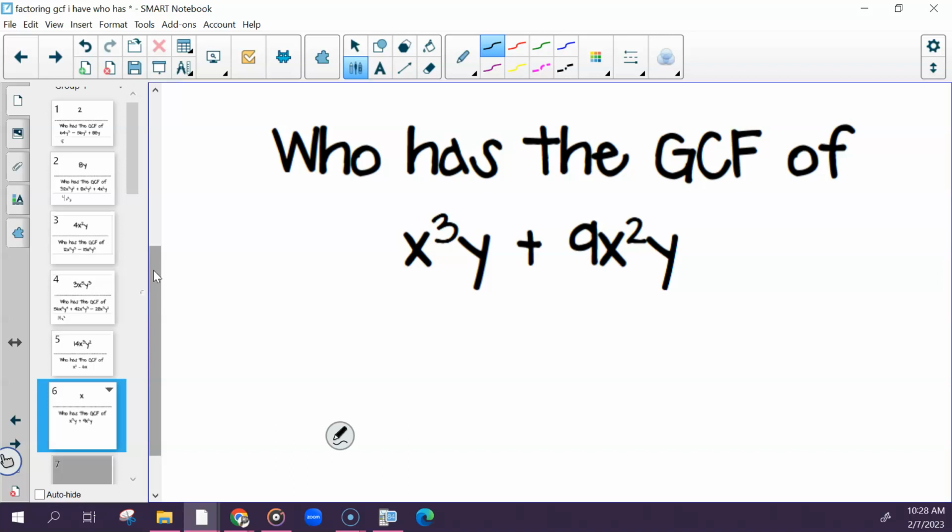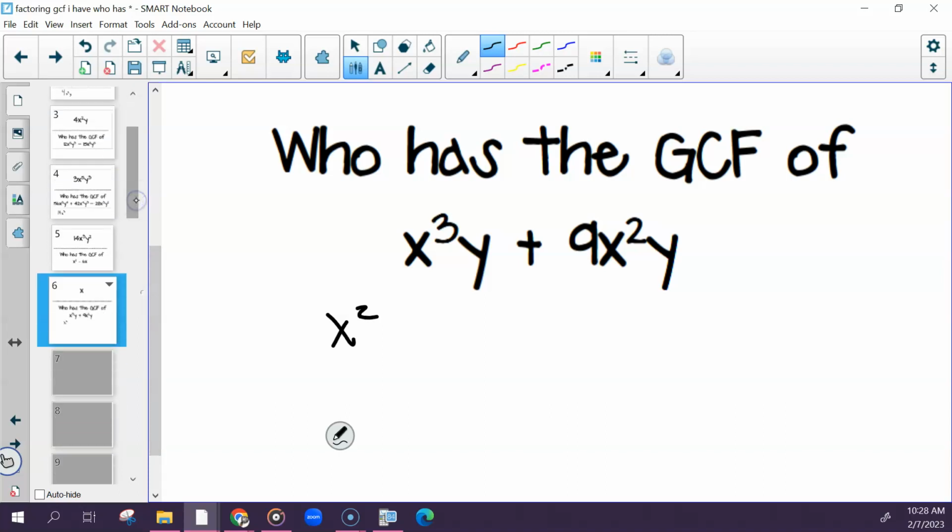Does this one have a number, GCF? No. No. That's not the variable. X squared, yeah. So someone who has x squared, look for yours. We're not adding or subtracting them, so they're not going to cancel.